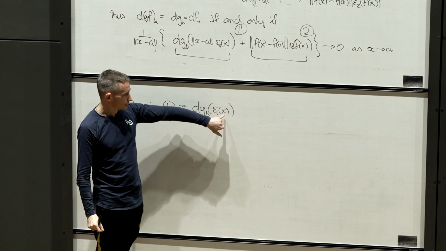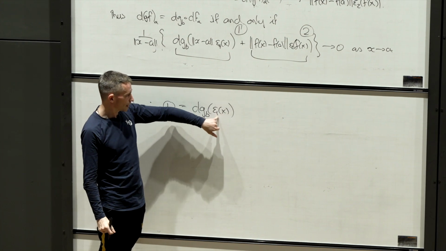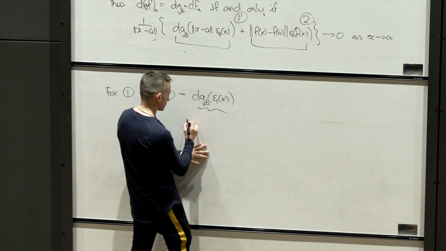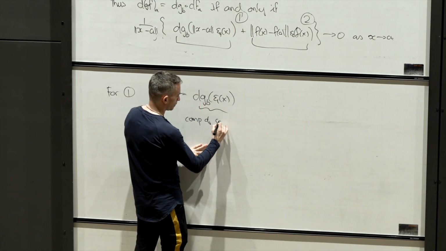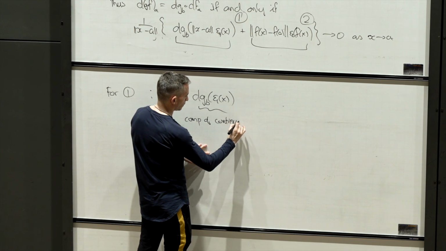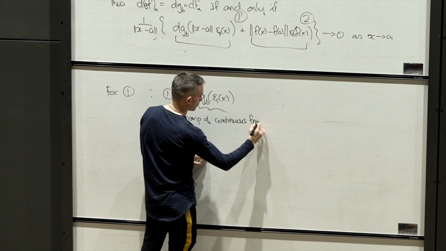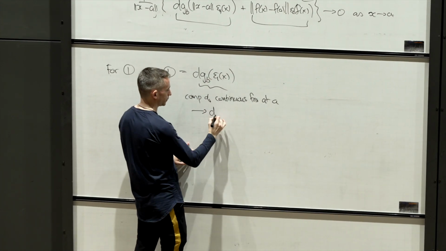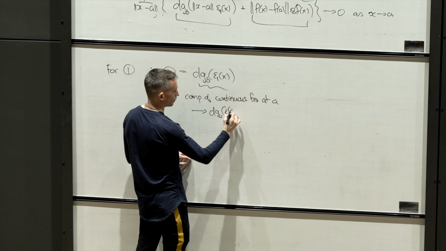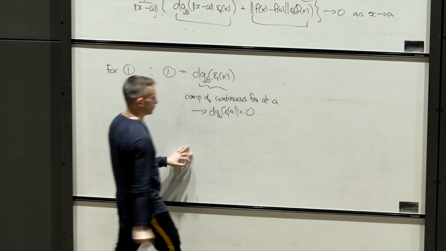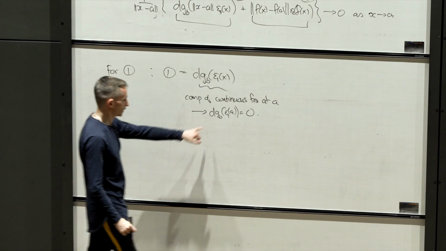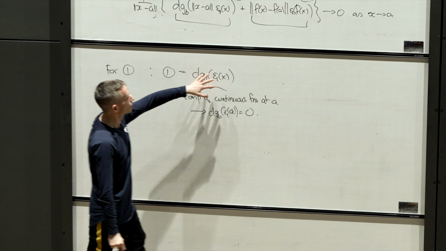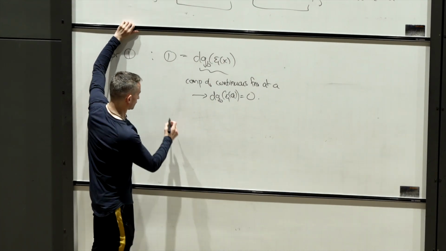Epsilon 1 is continuous at a. So as x tends to a, this tends to epsilon 1 of a, which is 0. So this is a composition of continuous maps, so it tends to the value of the composition, which is just the linear map applied to epsilon 1 of a, which is 0. So that's equal to 0. So that's the, if you like, straightforward one.